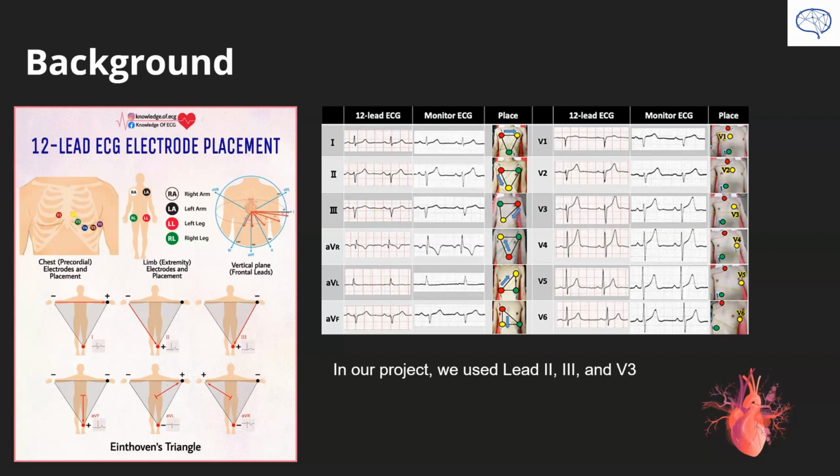And misplaced chest electrodes can change the expected signal and result in missing certain diagnoses. And this motivates us to seek a technical solution that can reduce the time and complexity of ECG collection and the risk of misdiagnosis. Next slide, please.